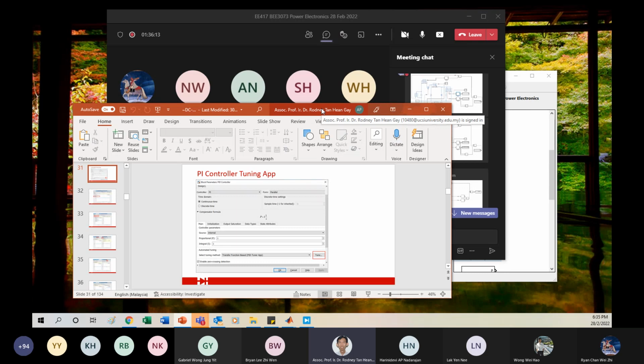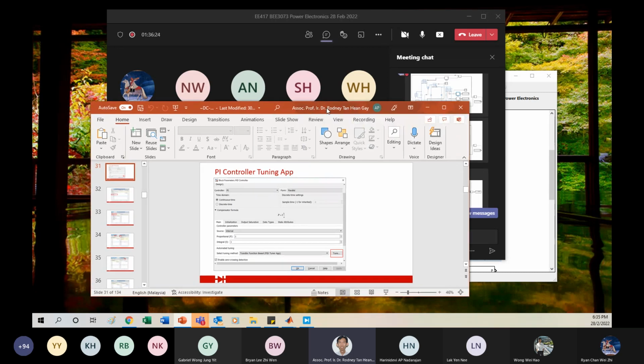And MATLAB, of course, is very general software. You can do programming, very powerful as well, but it's not specialized on just power electronics. So pros and cons. It really depends on your project work and which one to use. That's why I would like to take this opportunity to let you try and learn something new there.